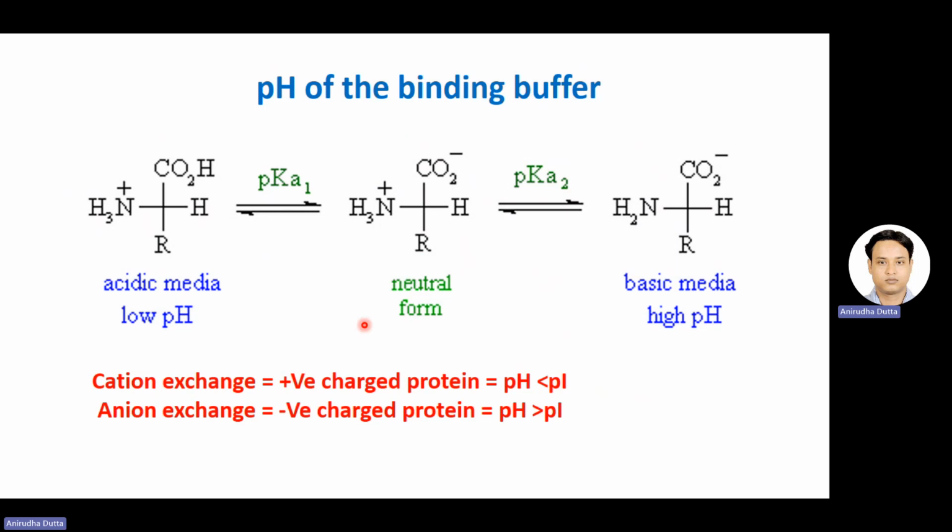In the same way, if you are planning for cation exchange, the net charge of the protein should be positive, and then the pH should be lower than the pI. Okay, so that explains how we are supposed to choose a particular pH for either cation exchange or anion exchange chromatography.